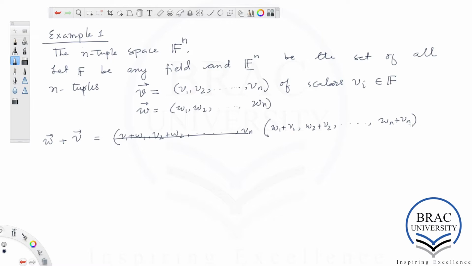Okay, so that's how the vector addition is defined.